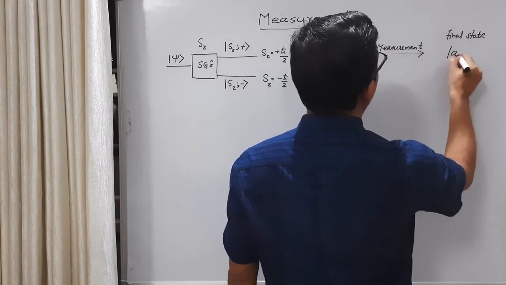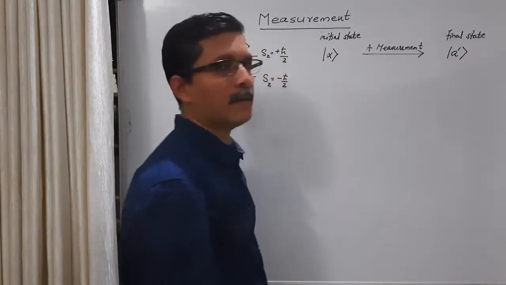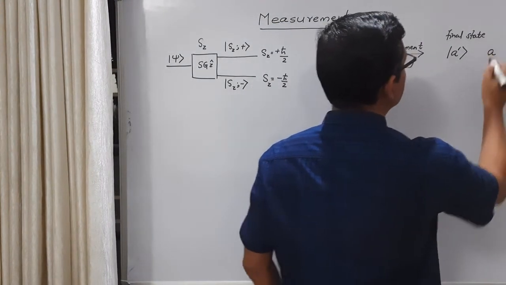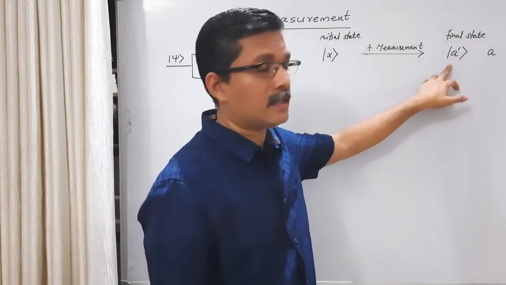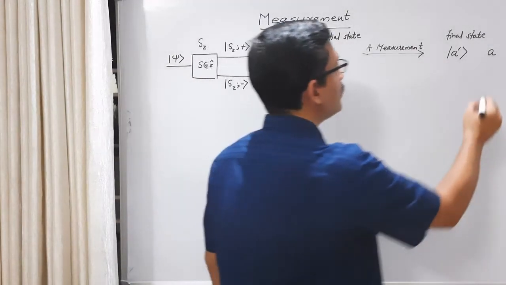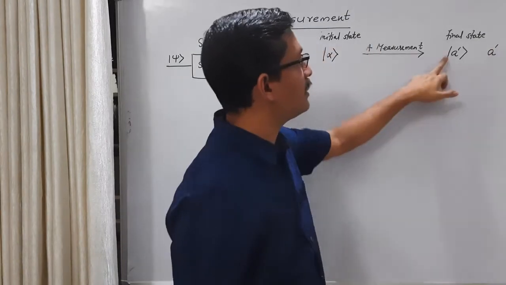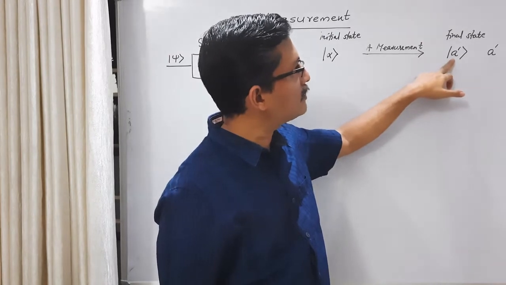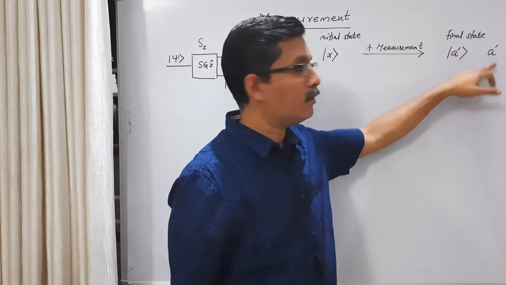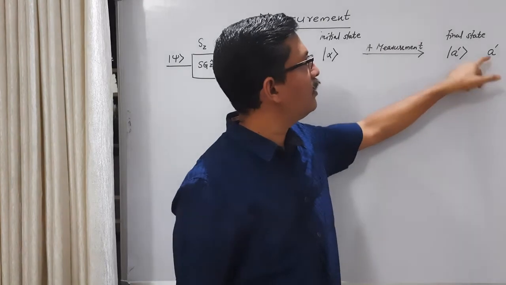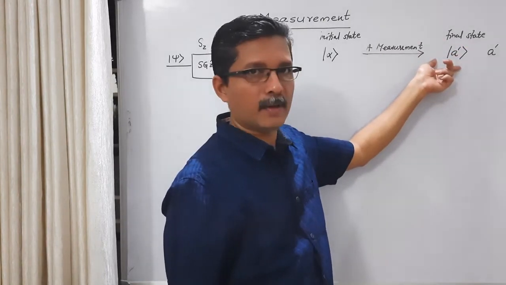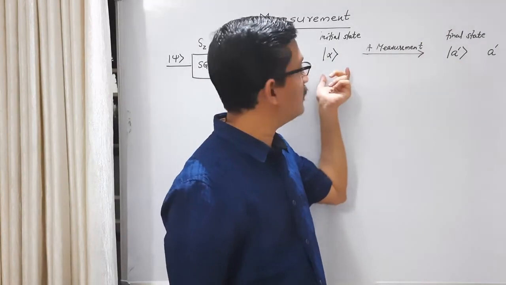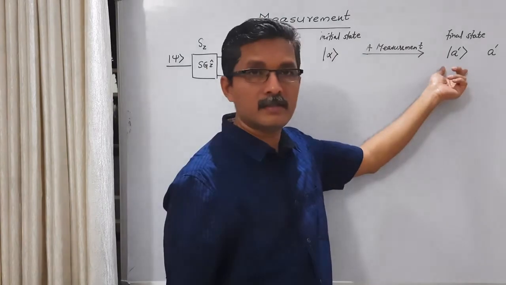The final state is an eigenstate ket A prime, and the measured value is the eigenvalue A prime, and this eigenstate corresponds to this eigenvalue. You can notice that this eigenstate is labeled after this eigenvalue. So the result of the measurement is this eigenvalue, and the final state is ket A prime. The system undergoes a change from the initial general state ket alpha to the eigenstate A prime.